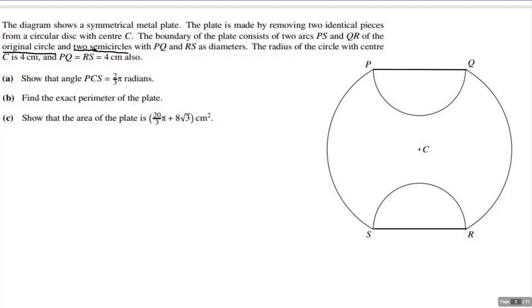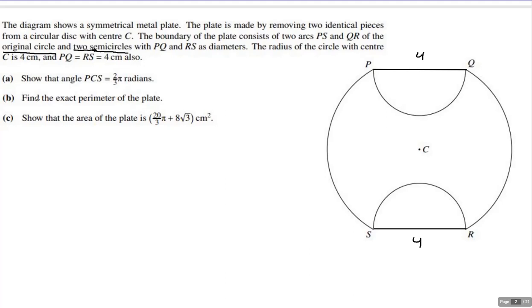It says the diameters are 4. So that means this is 4, and this is 4. One of the things I'll tell you in a problem like this is start by adding stuff to the picture. Sometimes they give you a picture and literally everything that they have in the words is actually in the picture, and sometimes not everything is.